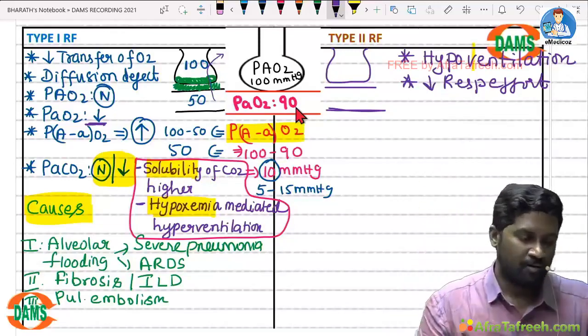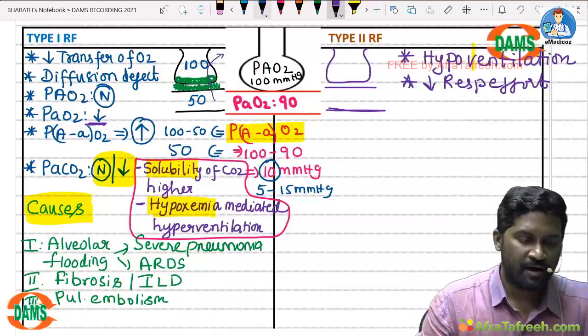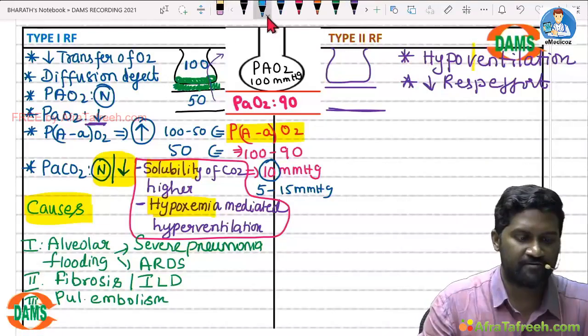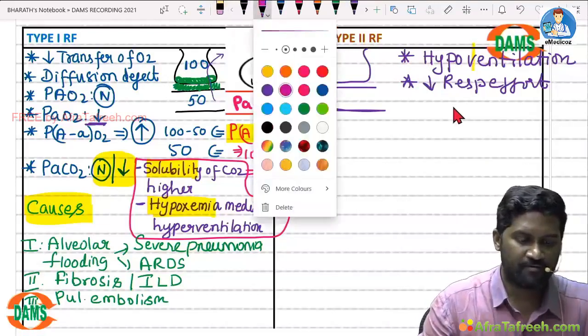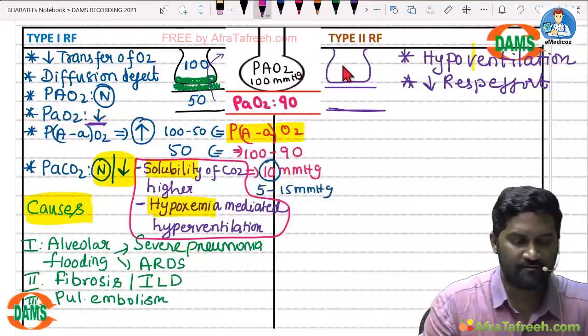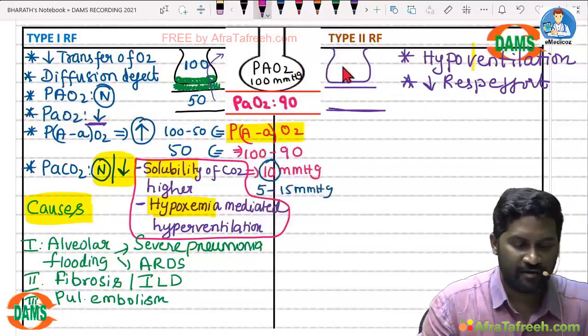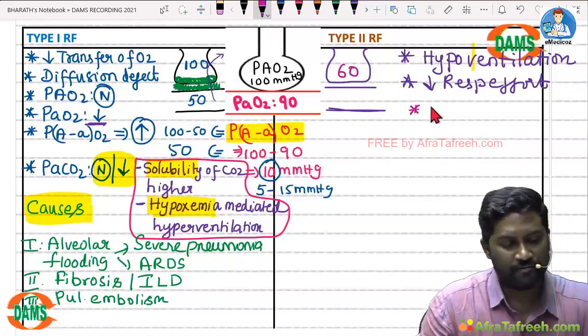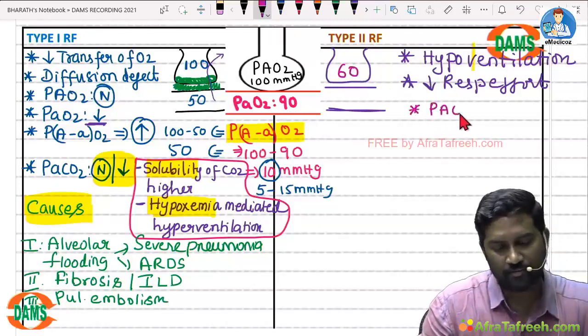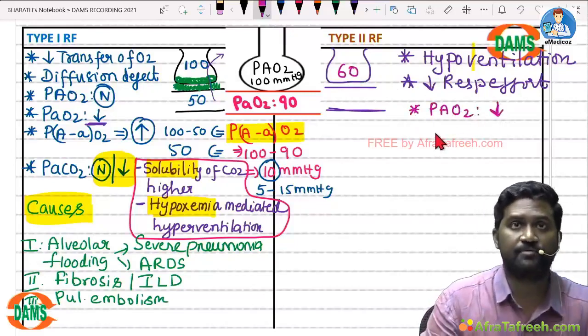So here the amount of oxygen coming into the body itself will be less. So instead of 100, only 60 will come into the body. So PAO2, capital A, will be reduced.